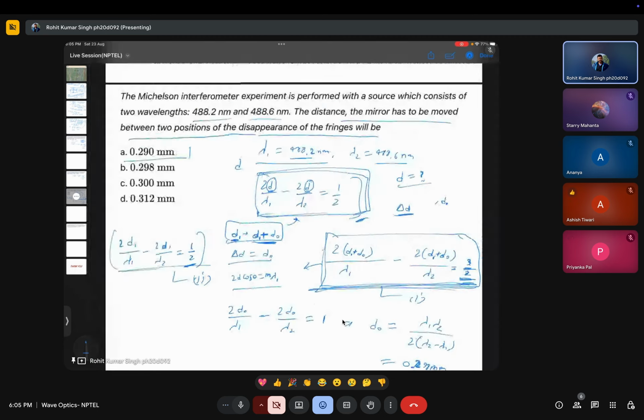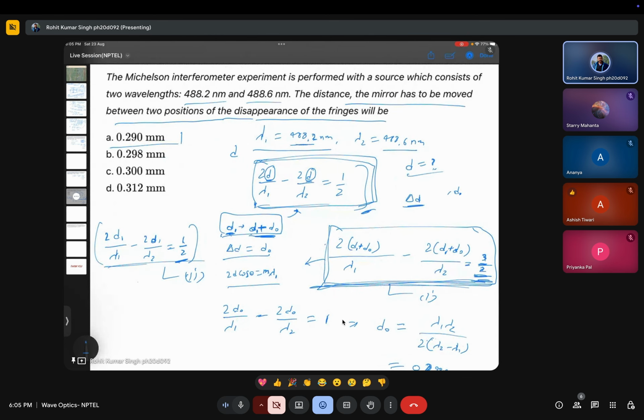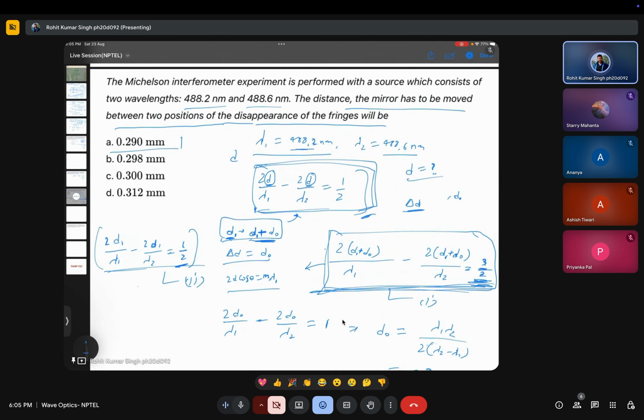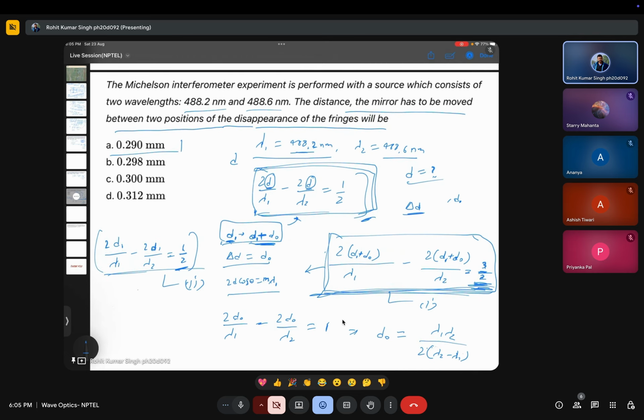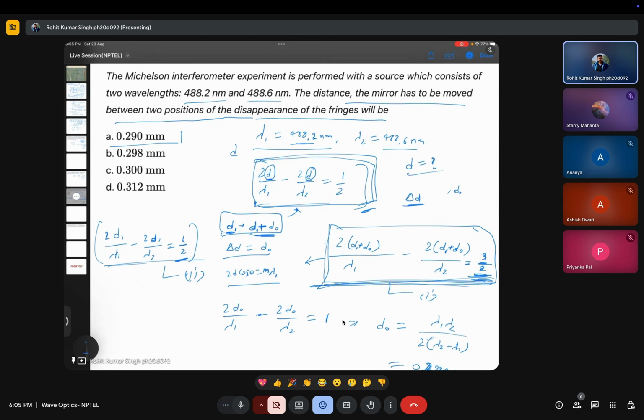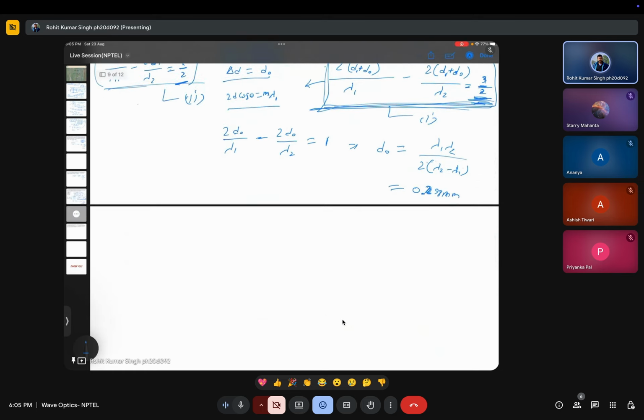This one was also easy, we just made a silly mistake. I didn't solve it before the class. I thought this would be straightforward, but it was a little tricky. This way you have to understand what the problem is saying. Okay, nice. Let's move to our next problem.